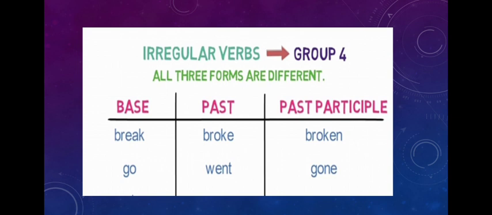So as you can see, there is no fixed pattern for these irregular verbs. They do not form, okay, in a fixed pattern. Okay, so everything is different. So this kind of irregular verbs can only be learned by keeping in your mind. Okay, you just have to memorize these verb forms, but I have given you a way to remember these verb forms.